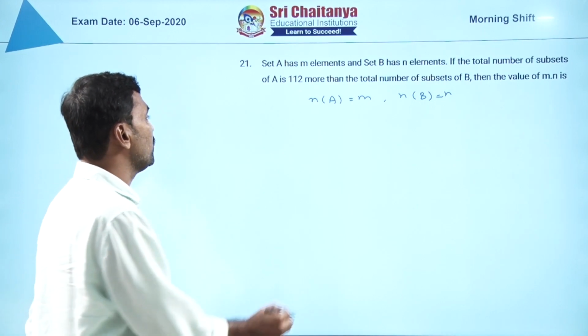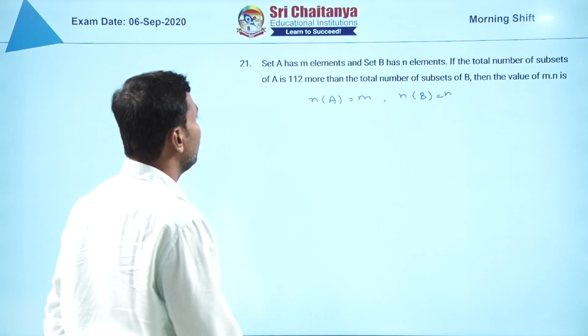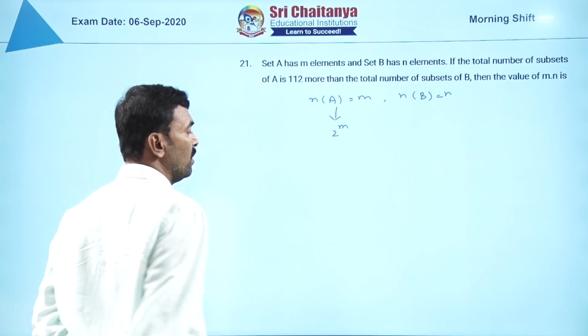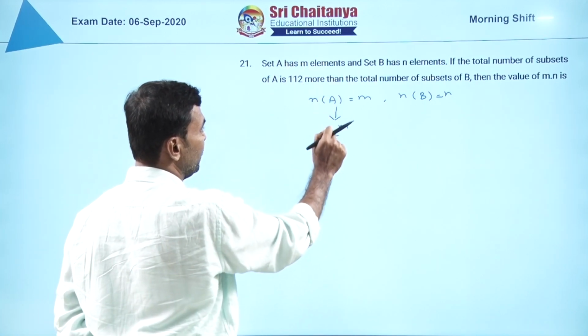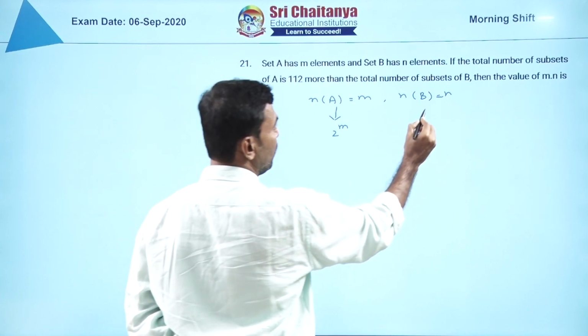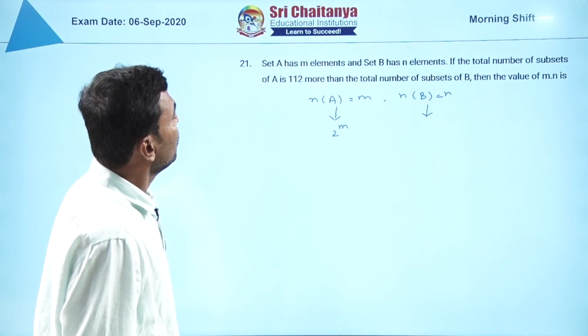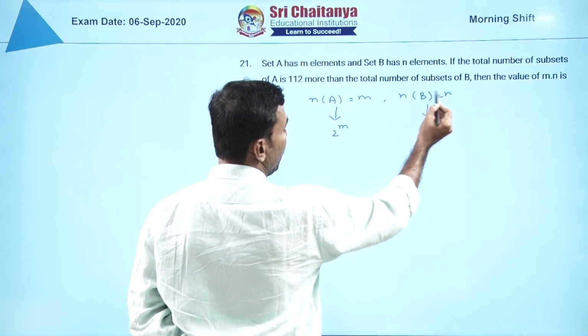So, the number of subsets of A is 2 power m. The number of possible subsets of set A is 2 power m by the formula, and how many different subsets are possible for set B, because B has n elements?